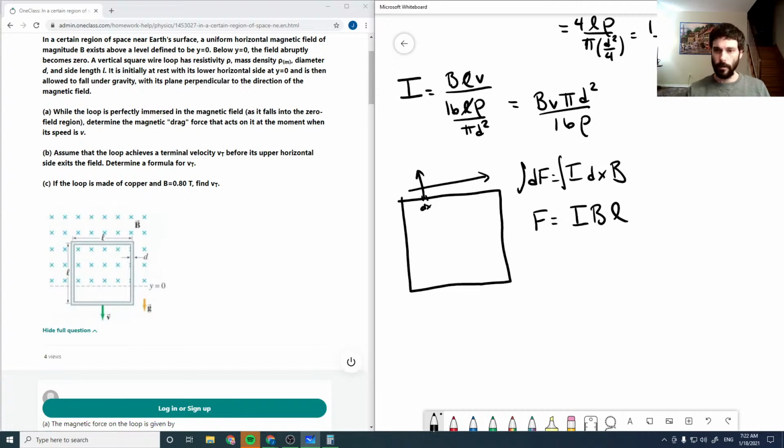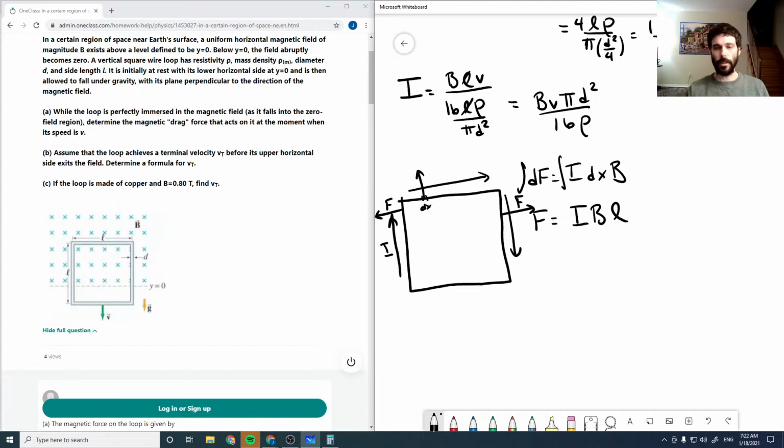If we look at this length here, our current is going down. We use our right hand rule, so the force will be outward this way. So we do have a force in that direction, but it's perpendicular. And if we look at this side where our current is flowing this way and use our right hand rule, we'll see that the force is going in the opposite direction.